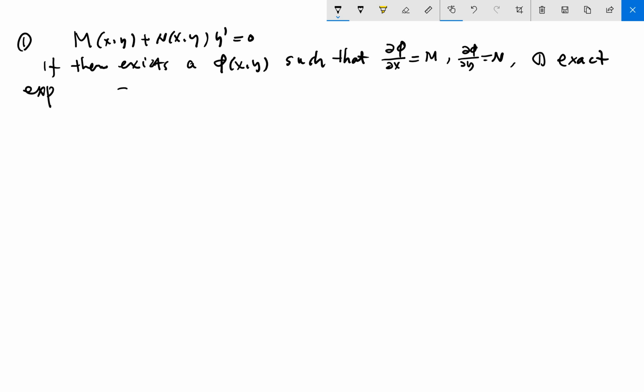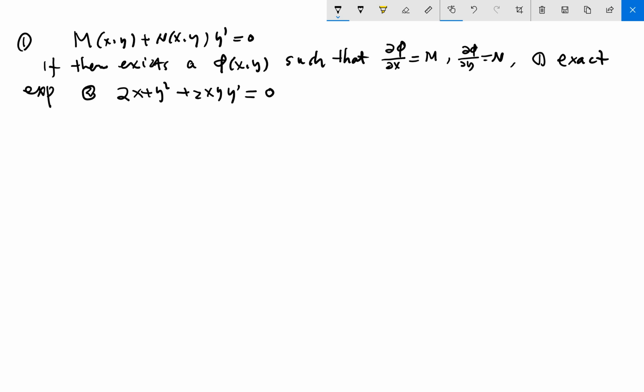Okay, so we have an equation like this: 2x plus y squared plus 2xy y prime equals 0. We'll call this equation 2. This equation, I can tell you, is not linear and also is not separable.